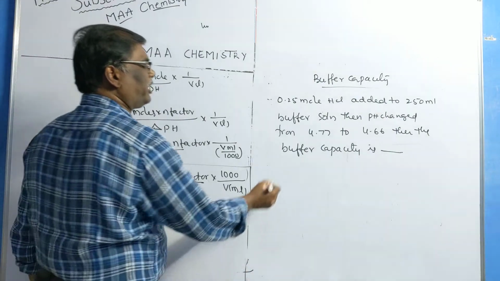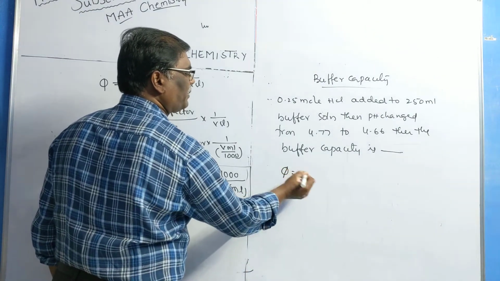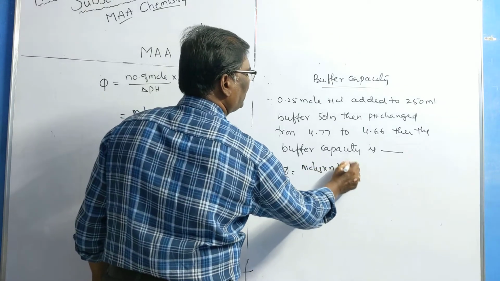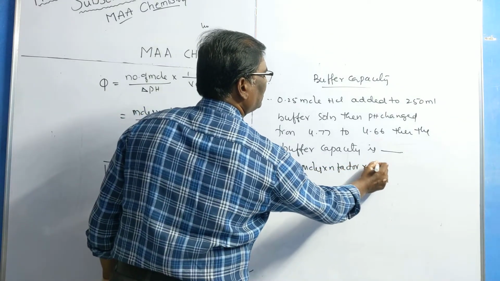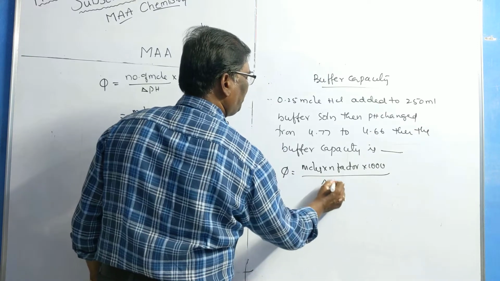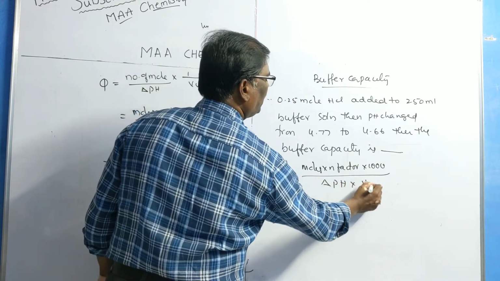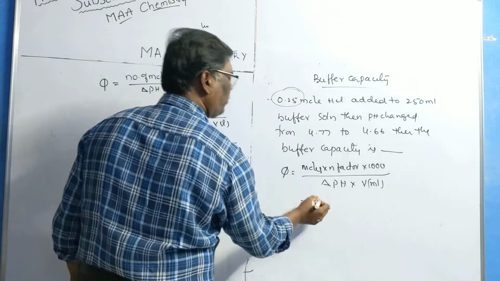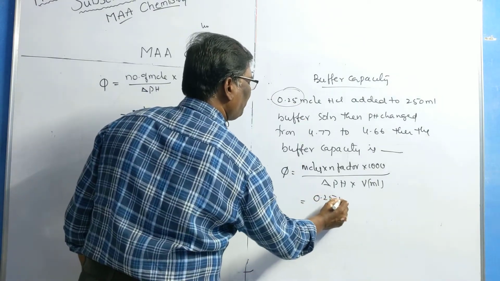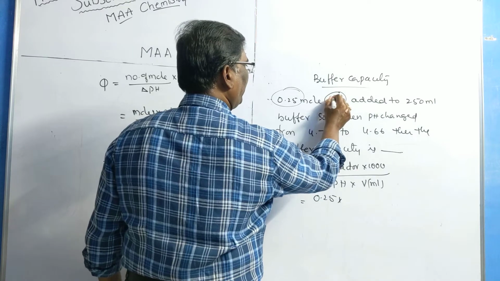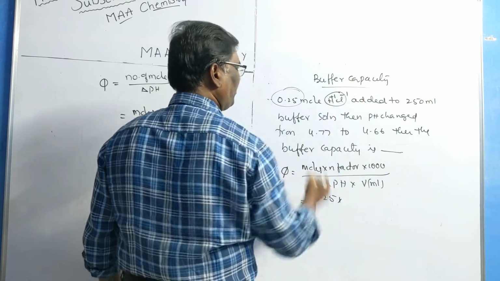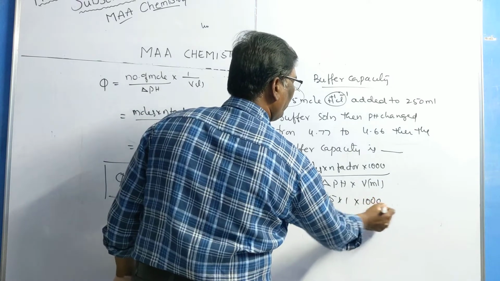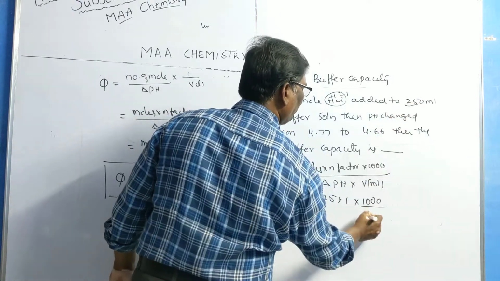Now tell me, what is the formula for buffer capacity? Moles into n factor into 1000 by change in pH into volume in milliliters. How many moles are given? 0.25. What is the n factor for HCl? H plus 1, Cl minus 1, so 1 is the n factor. 1000 by 250.